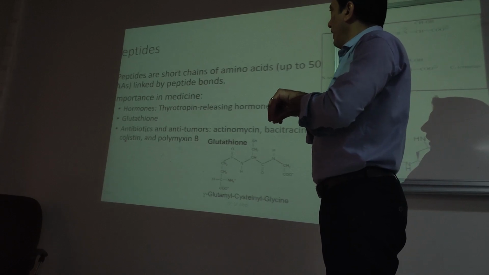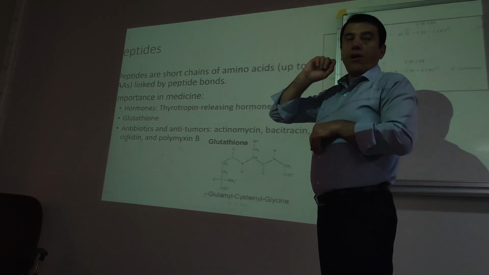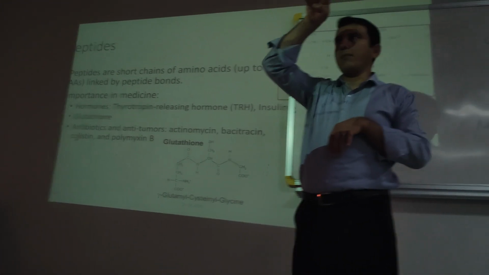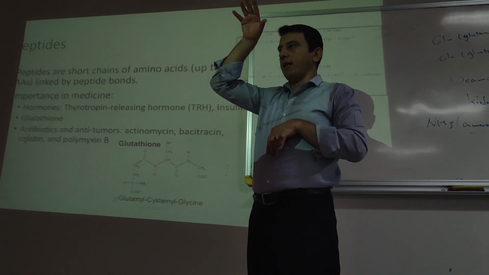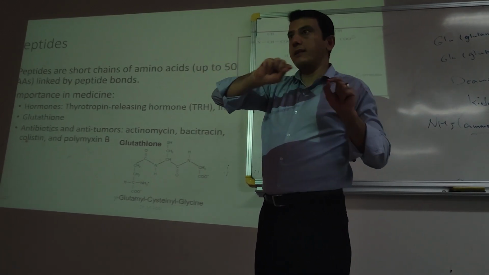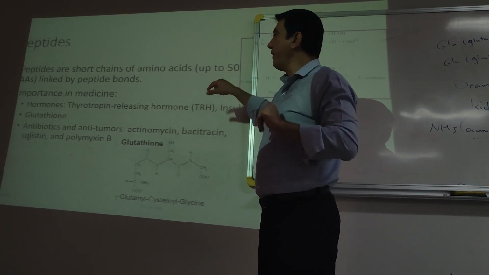Peptides are short chains of amino acids. How many? Up to 15. The maximum number of amino acids in peptides is 15.